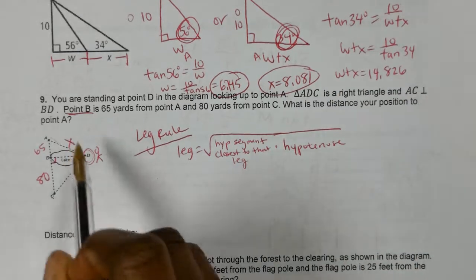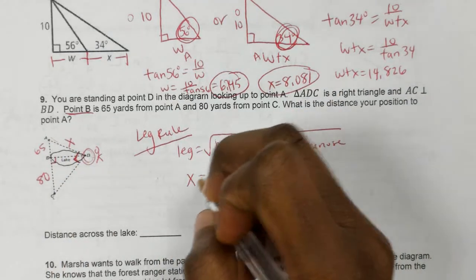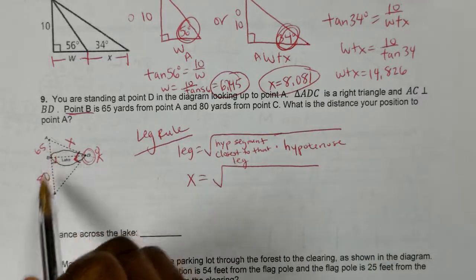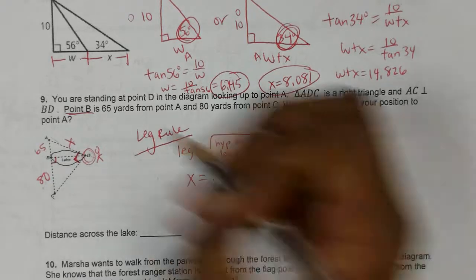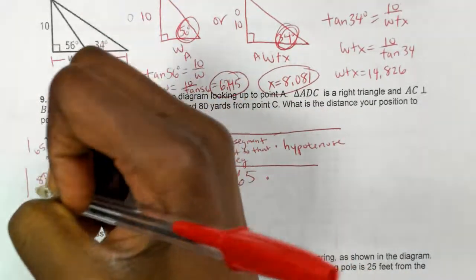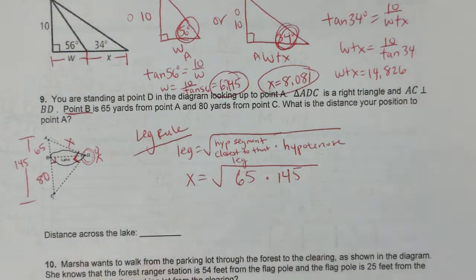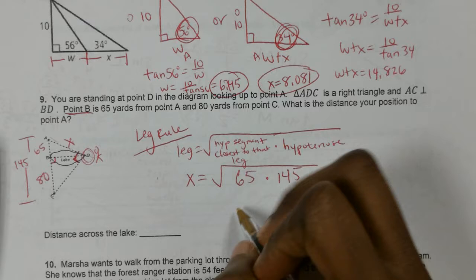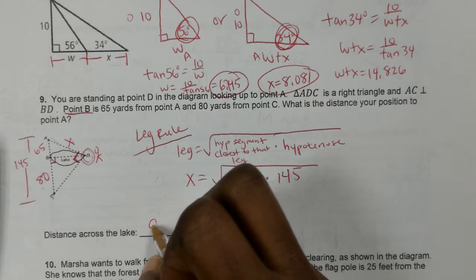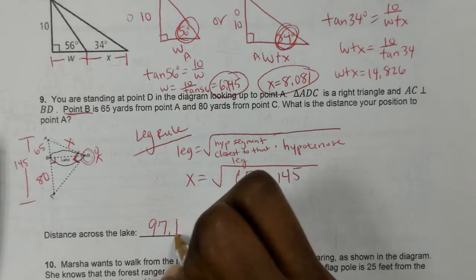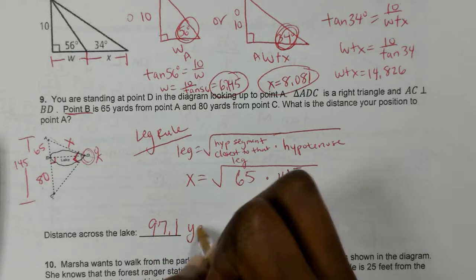The leg that we're looking for in this case is x. The hypotenuse segment out of these two closest to the leg is 65. And then the whole hypotenuse, if I add these together, is 145. So it's about 97.1 yards.